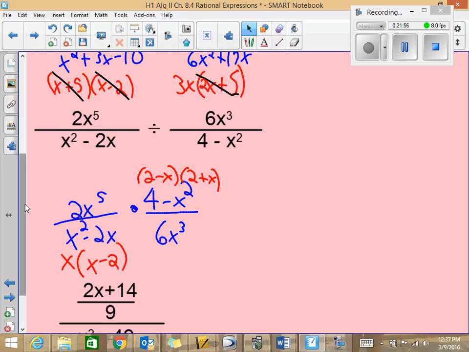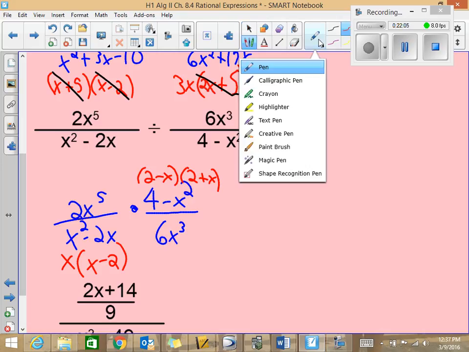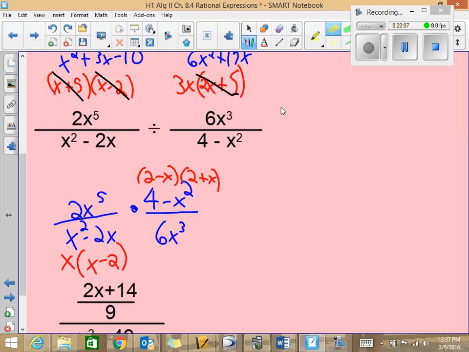We take out a negative 1. 2 minus x and x minus 2 are not the same, they're complete opposites. So in order to cancel out, we have to change that to negative 1 times x minus 2. Now they can cancel, but we have to keep that negative 1 as part of the answer.